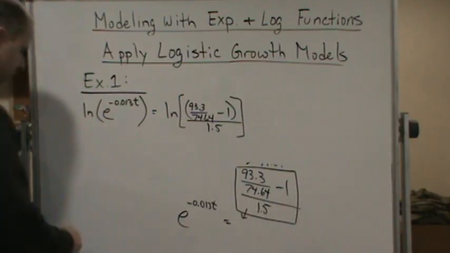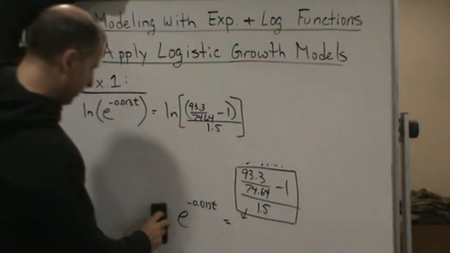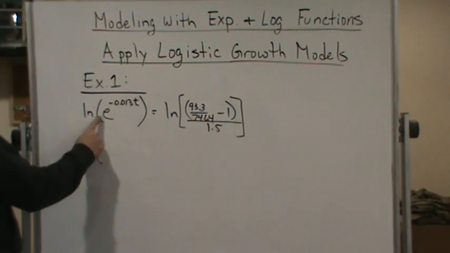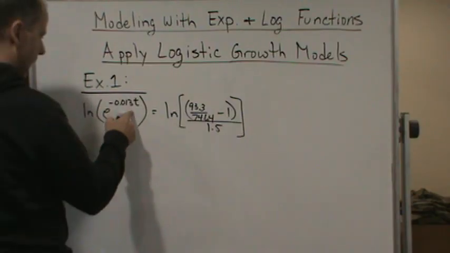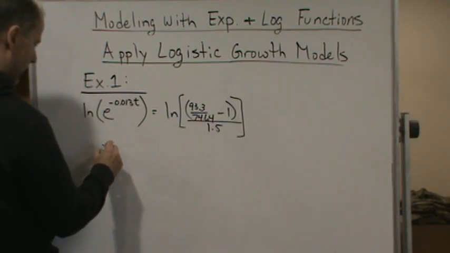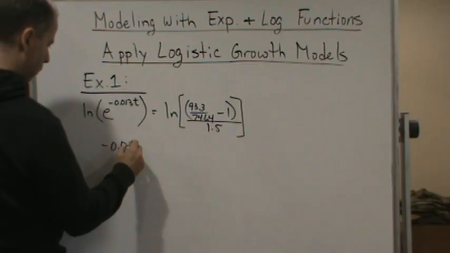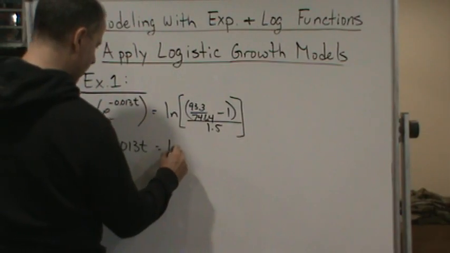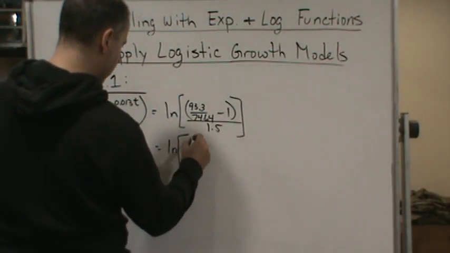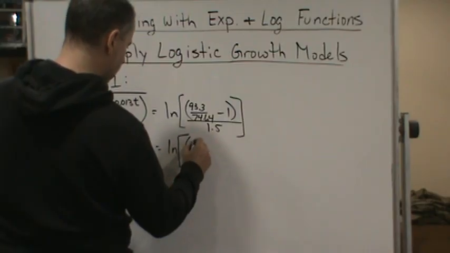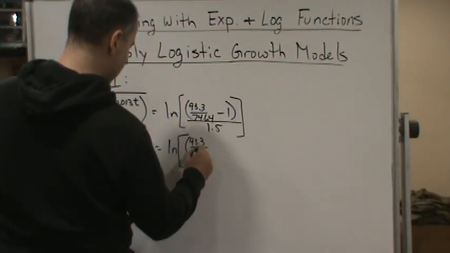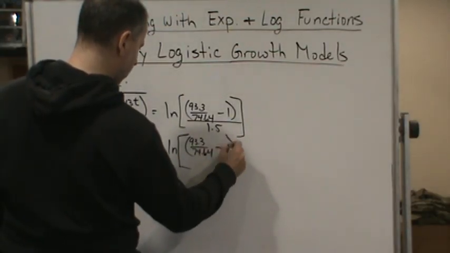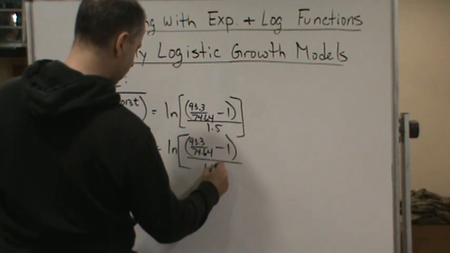All right, so now that's what I got. Now this natural log cancels with this exponential e. So now the exponent comes out. So this is going to be negative 0.013t, equal to the natural log of this whole thing, which is 93.3 divided by 74.64 minus 1, all divided by 1.5.